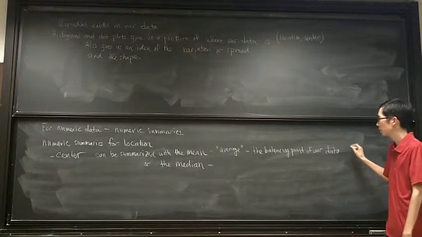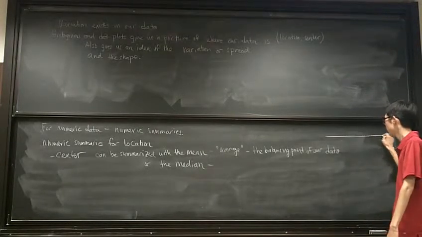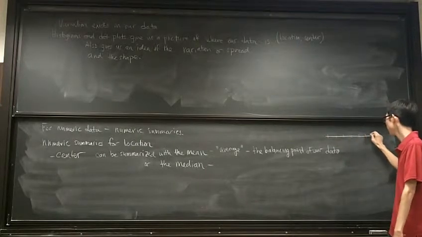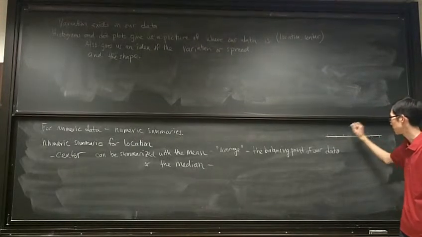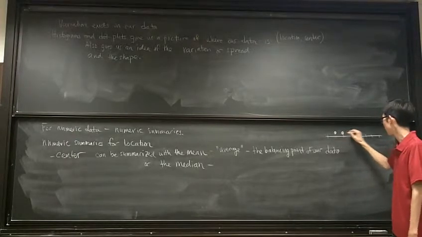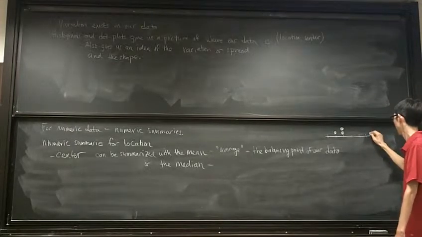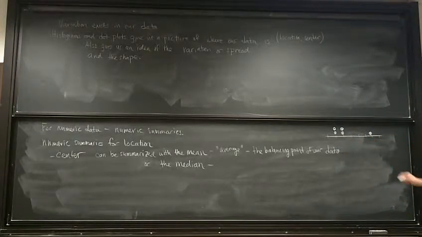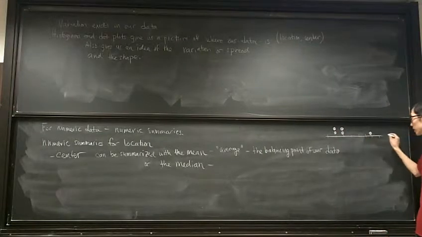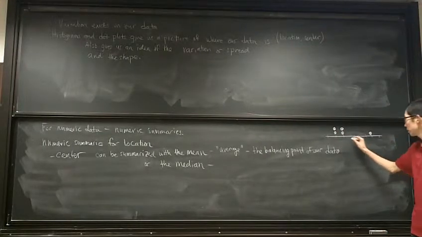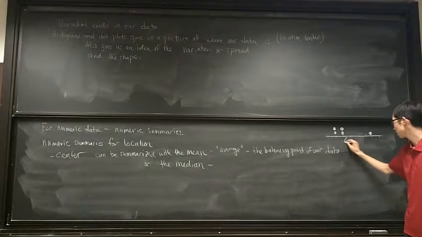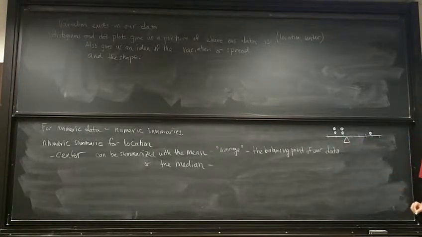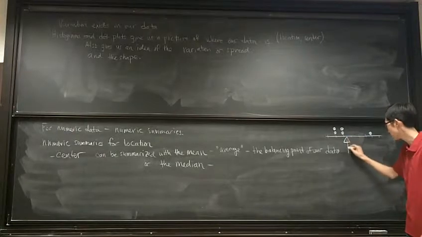Just imagine I've got a dot plot, a number line with dots on it. If I were to calculate the mean of this data, the mean is where I would put the little triangle on my seesaw, the fulcrum, so that this thing is in balance.